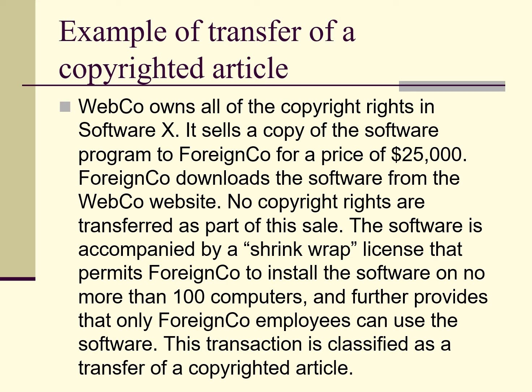No copyright rights are transferred as part of this sale. The software is accompanied by a shrink wrap license that permits Four & Co. to install the software on no more than 100 computers, and further provides that only Four & Co. employees can use the software. This transaction is classified as a transfer of a copyrighted article.